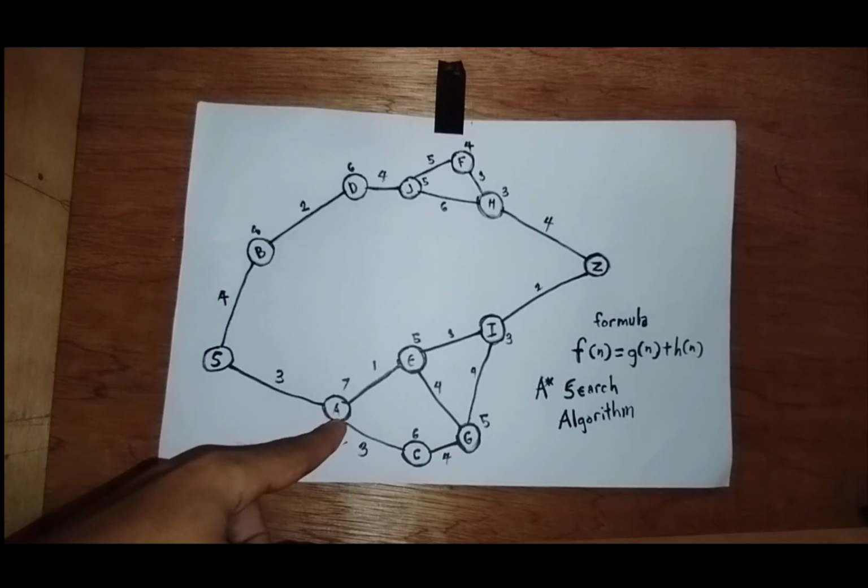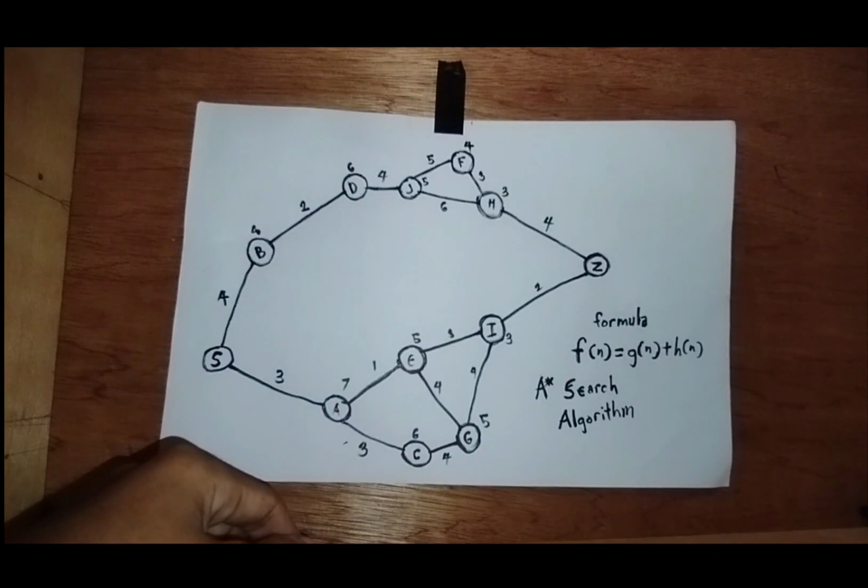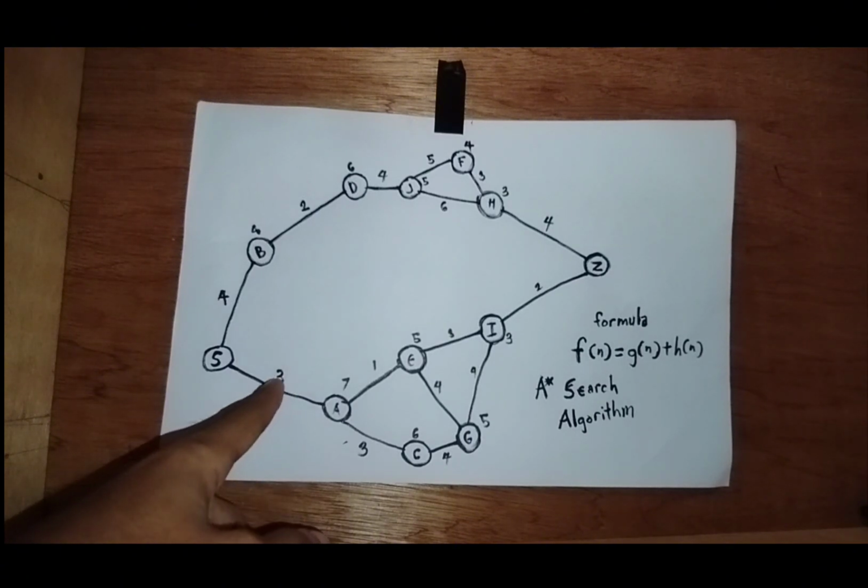So, the A route has 2 paths, E and C. Since G is the exact accumulated path cost from the starting node to the current node, we're going to add the G's we've passed through.